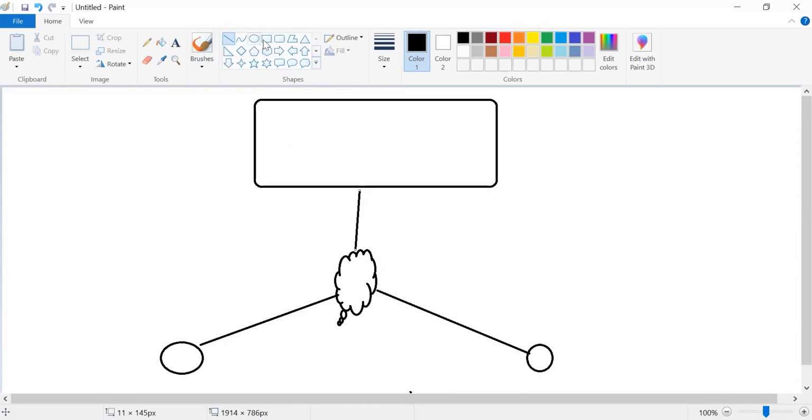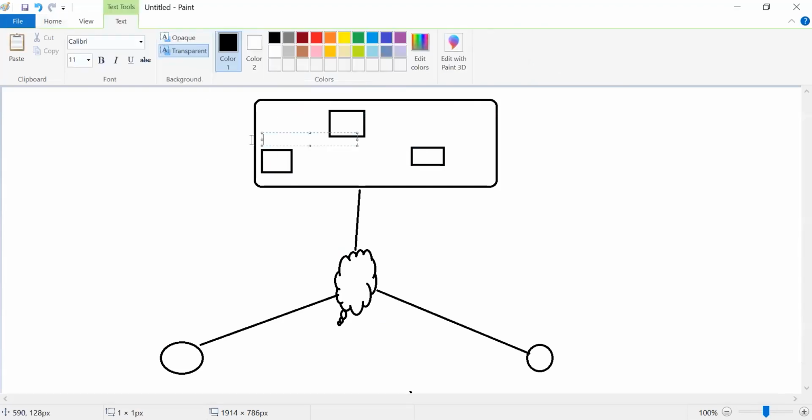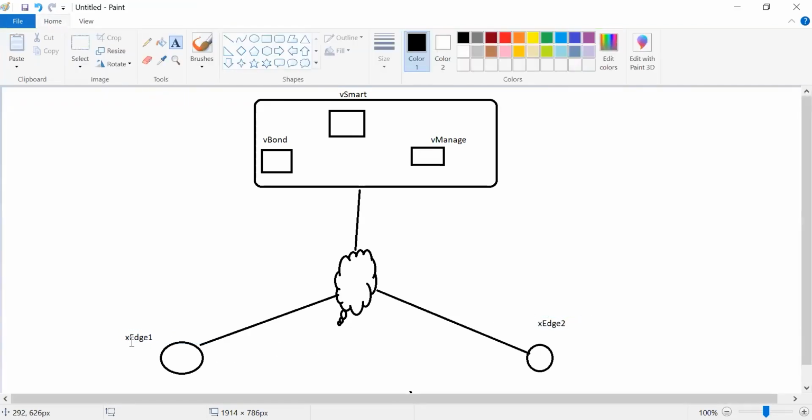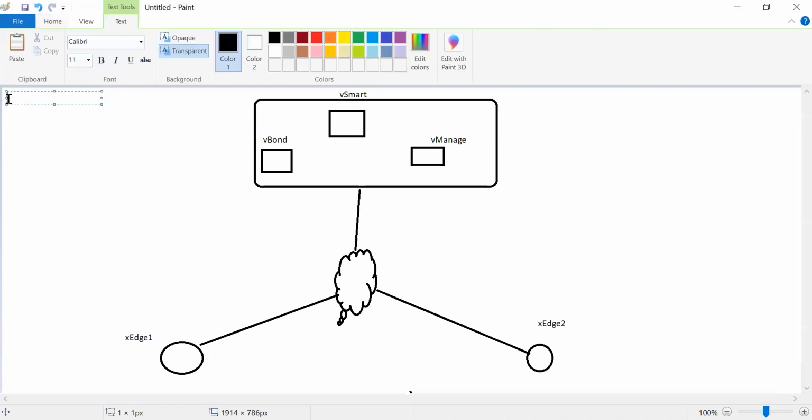I hope my screen is visible, right? This is usually in a Cisco Viptela environment, you will see these termed as X edge, where X may stand for Viptela.